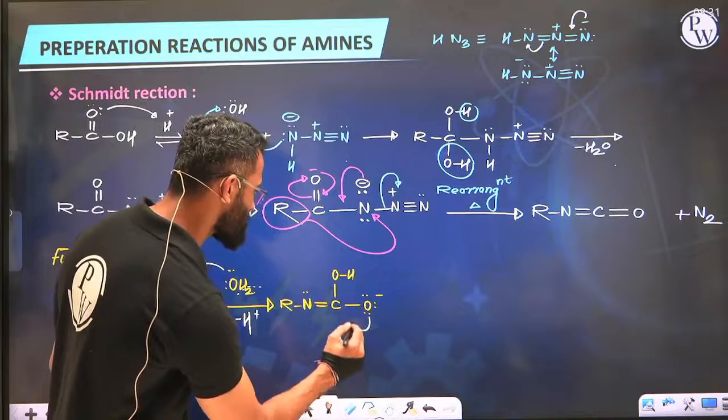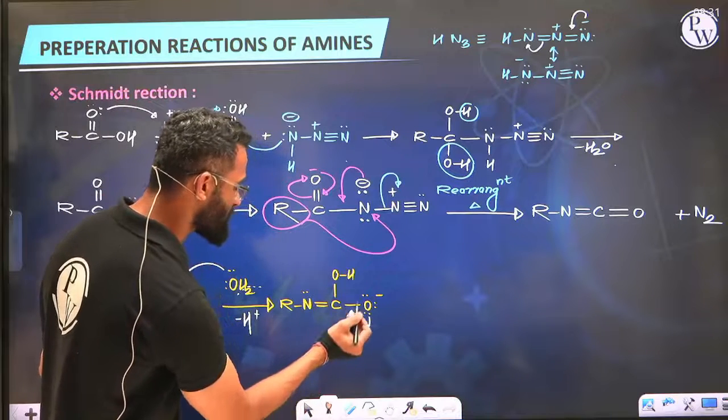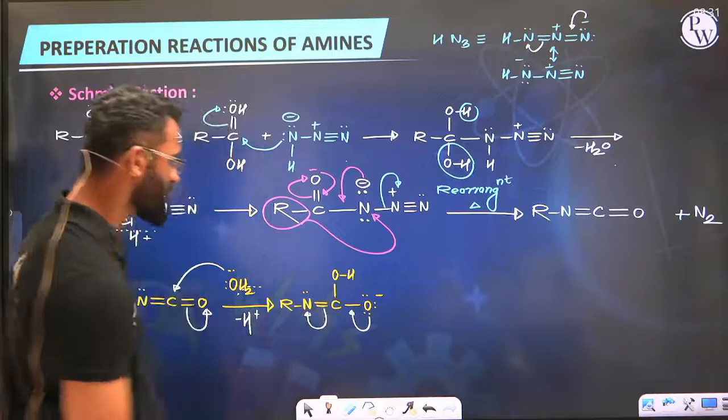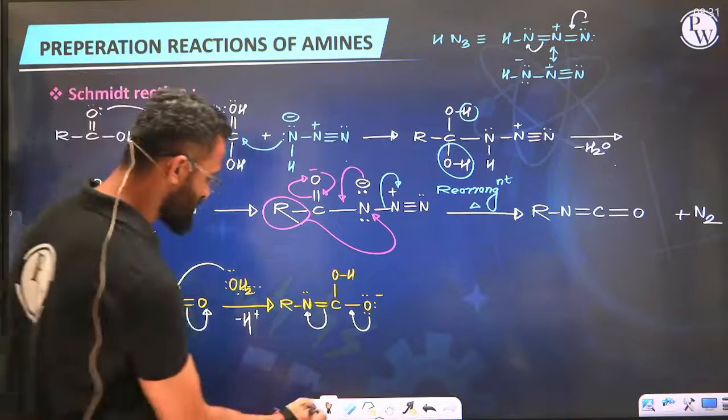This negative charge delocalizes since it is in conjugation with pi bond. Negative charge alternate pi bond. So this will go back on N, making this nitrogen electron rich.